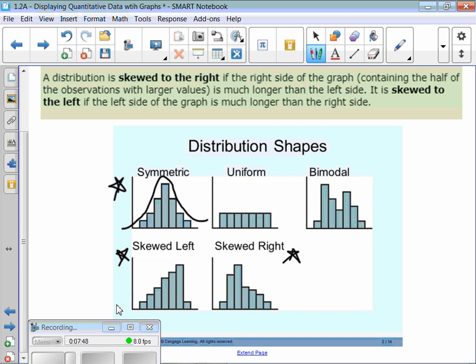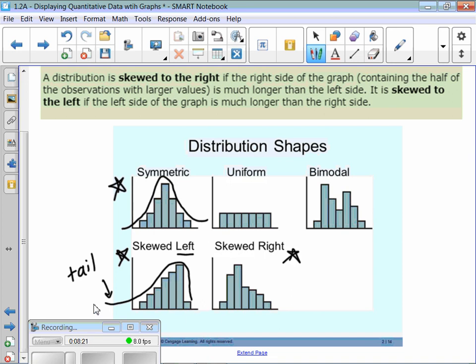So for the skewed, I wouldn't draw the bars. I would draw a graph that looks like this. So the tail, we call this part the tail, is on the left side. You can also picture this like your left foot. Most people have a bigger toe and then smaller toes, and so that's your left foot right there, and so it's skewed left.